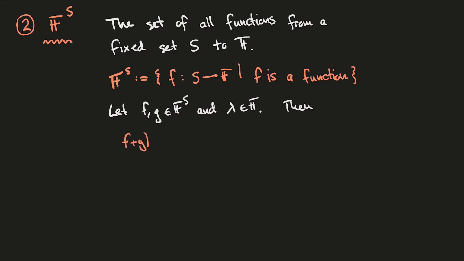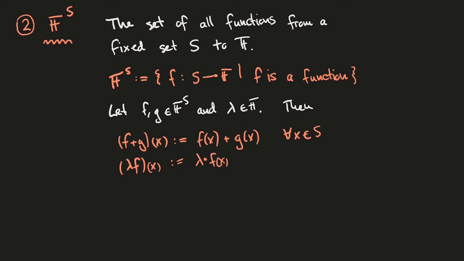We define the function f plus g of an element x of S to be simply the sum of f of x and g of x. And we do this for all elements x in S. And similarly, we define the function lambda f of an element x to be lambda times f of x. And this is again for all elements x in S.